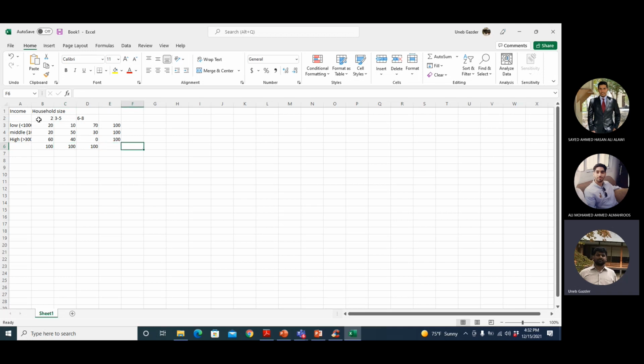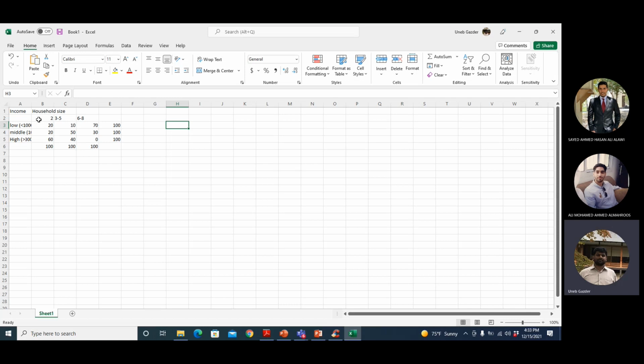Now you collect your sample, and according to the government, they are in equal proportion. This is an important point here, that households of different income categories and households of different household size are in the same proportion. So in the sample, whatever sample you collect, they should be in the same proportion as well.